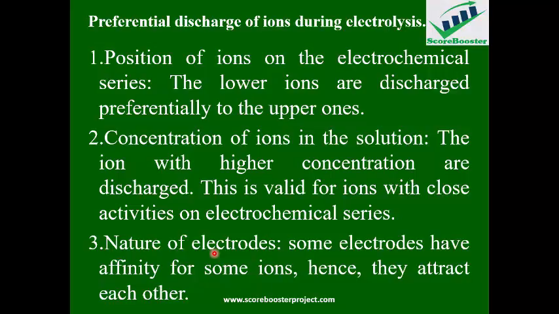The position is such that the powerful ones belong to the top, then the weaker ones follow. So if at any point we have two ions in the solution, one stronger than the other, then the weaker one is discharged and the stronger one remains in the solution.